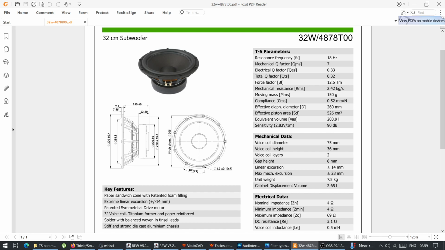So you have QMS, QES, and QTS. QMS is the mechanical Q factor, which for this parameter is mainly the suspension that is responsible for that. QES is the motor structure, so that's electrical. And QTS is a factor of both.